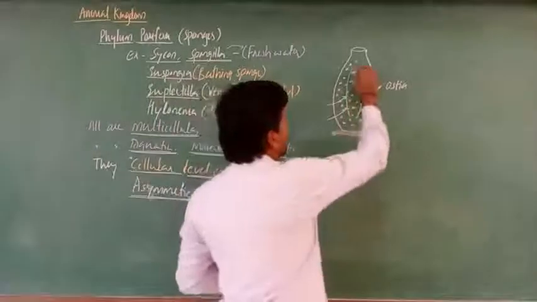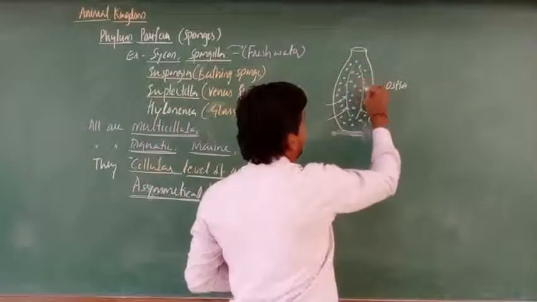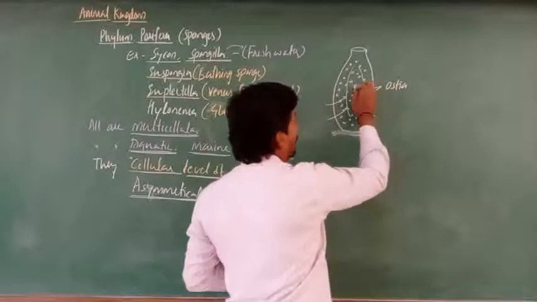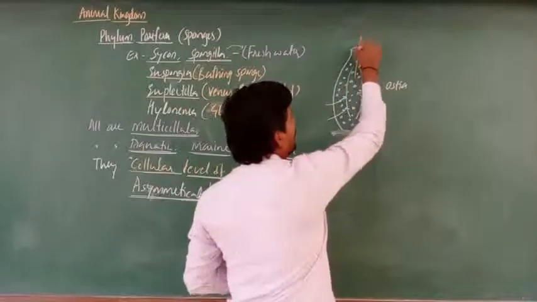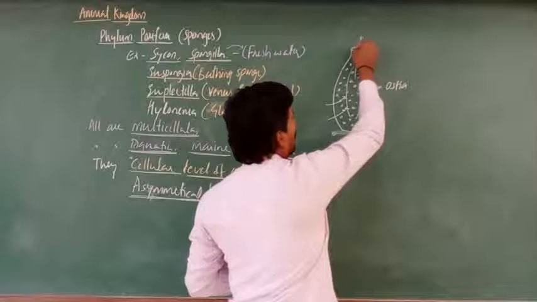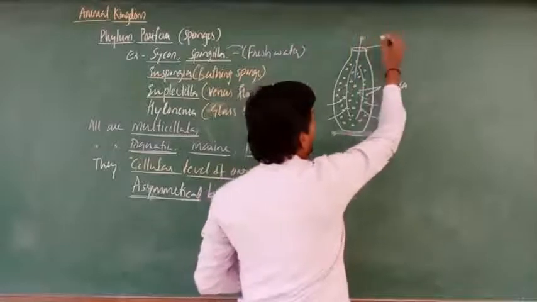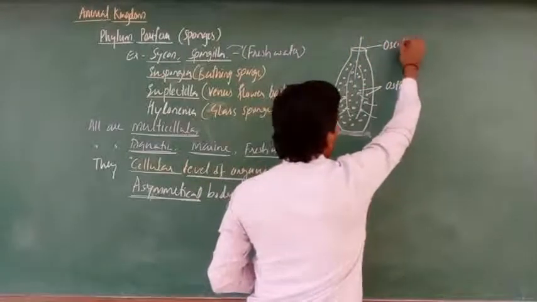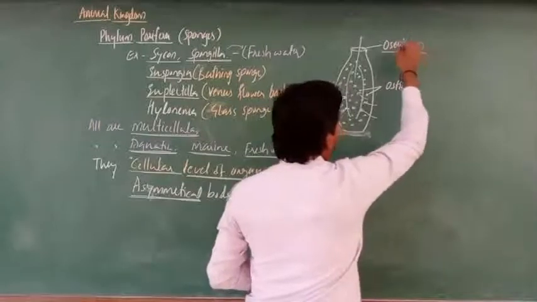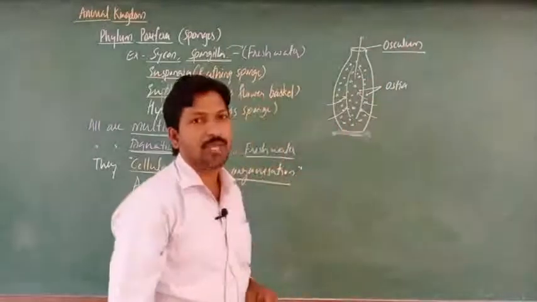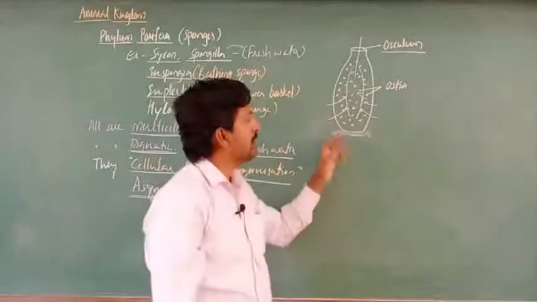Next, the entered water then exits through this large pore. This pore is called the osculum, through which water exits from the central cavity of the animal.